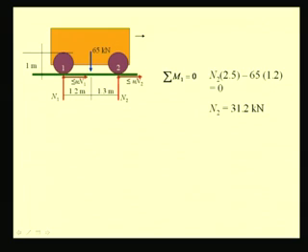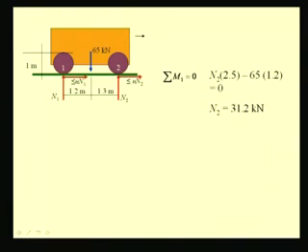The moment arm for this reaction force N2 is 1.2 plus 1.3, which is 2.5 meters, minus the moment due to this weight 65 kilonewton force, which has the moment arm of 1.2 meters. From this equation we find this normal reaction N2, and from the force summation equation we can find N1. So, we have this N2 as 31.2 kilonewton, and we write the force summation in the y direction.